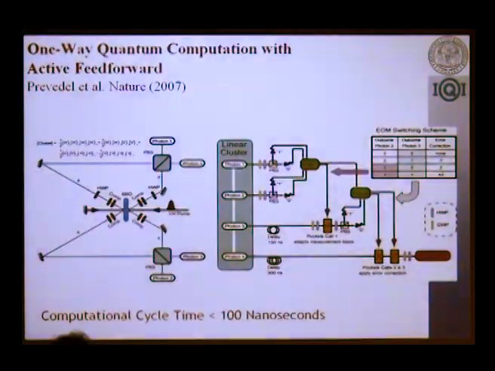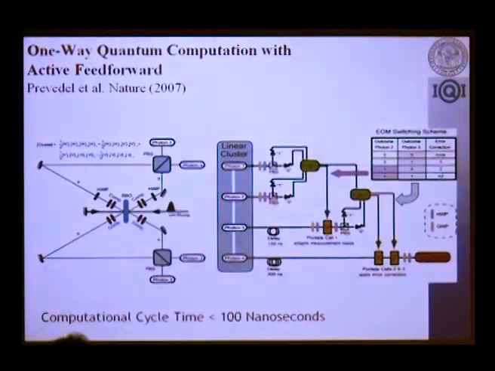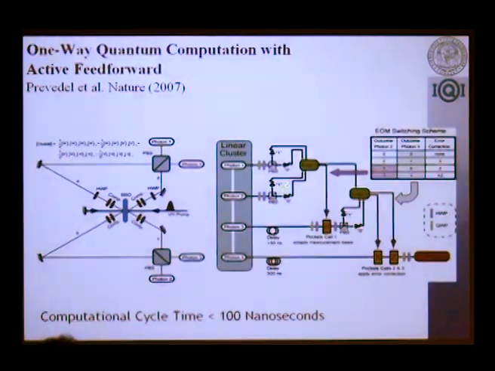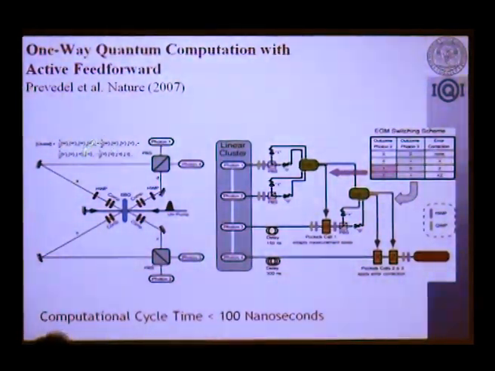Here's a picture of a 4-qubit one-way quantum computer, which we did a few years ago. Here are the 4 qubits in this entangled state, this cluster state, and you have feed forward in the sense that, depending on measurement results, say here, you rotate the polarization, you do a flip around X or Z direction for this state, and so on and so on.